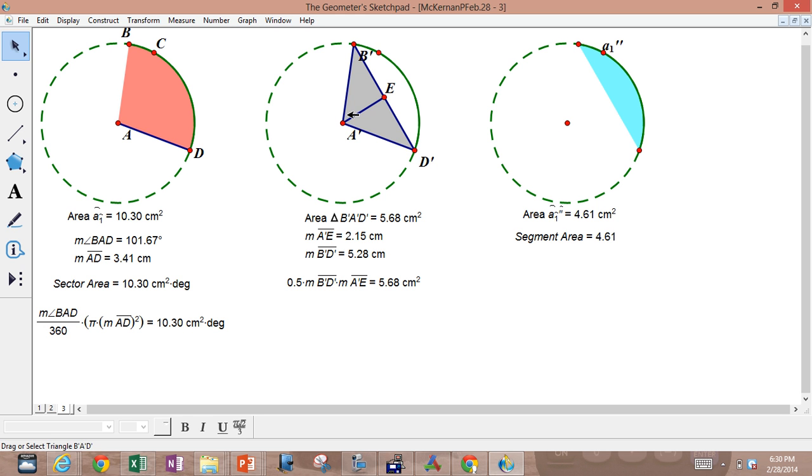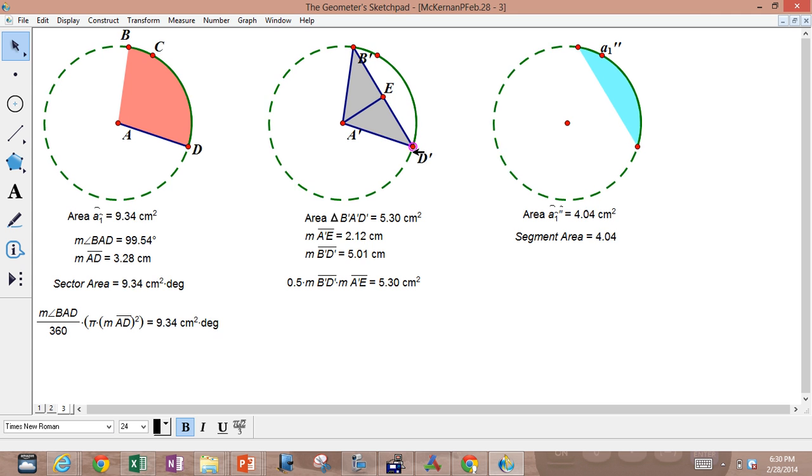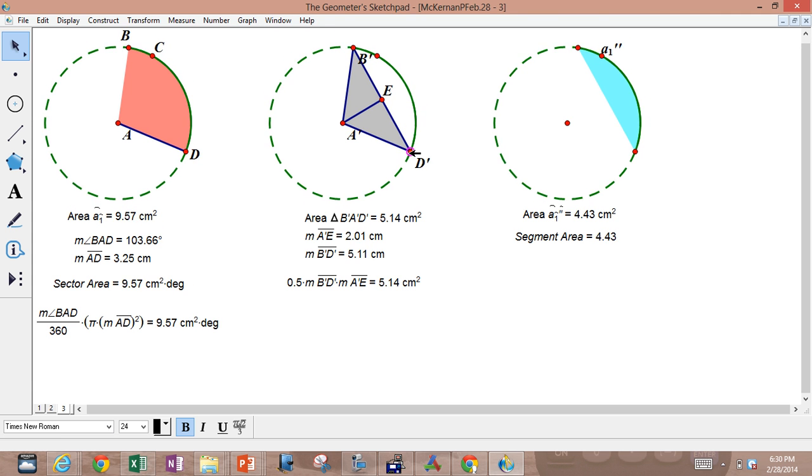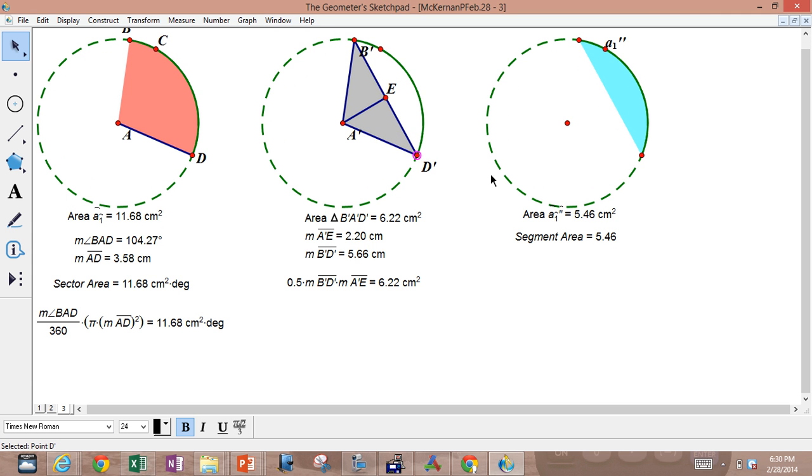We measured that, and that's the height of our triangle. So Pat did a good job down here. He says the area of the triangle is half the height times the base, which in this case is the chord. We found that by formula, and it agrees with what Sketchpad found for us, regardless of how we change or alter that.